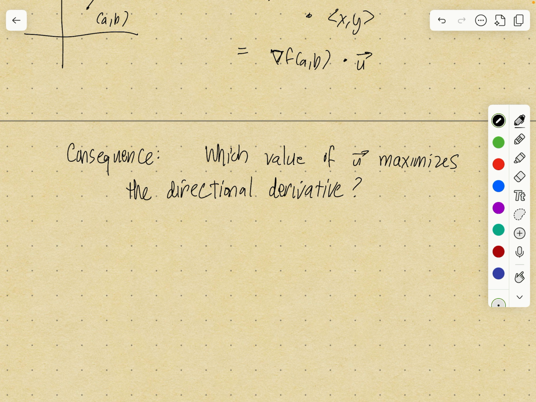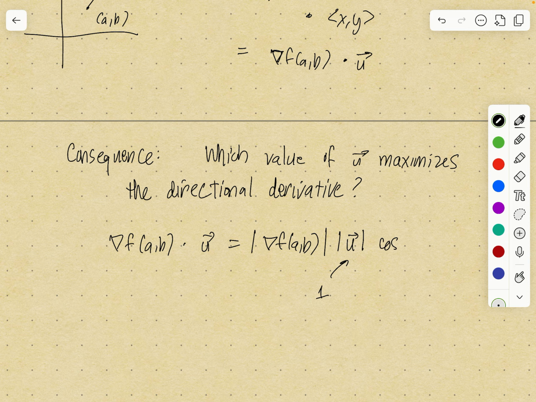Well, the dot product is equal to the magnitude of this first vector times the length of the second vector. The length of the second vector is just 1 because it's a unit vector, and then times cosine of theta, where theta is the angle between the two vectors, right?